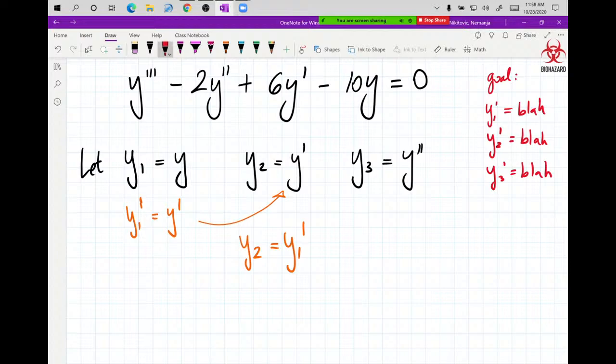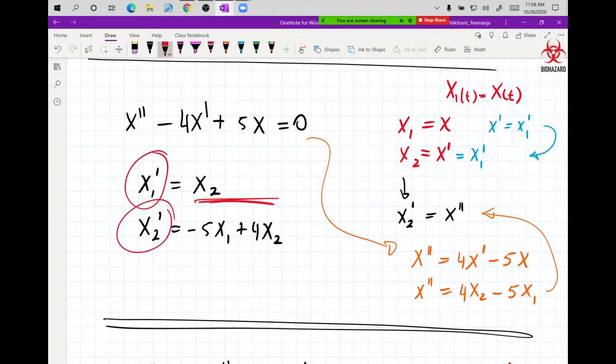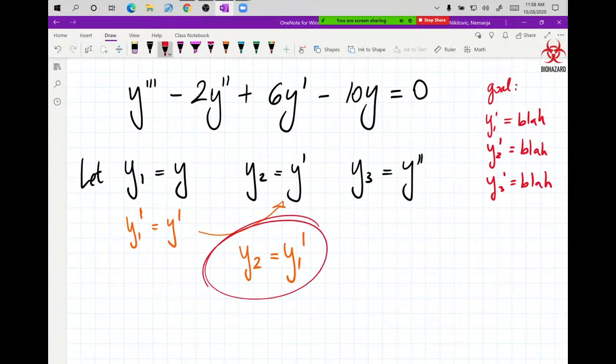Because we learned that the first order system is the first derivative for a variable equals whatever it has on the right hand side. Here it is. First derivative of the first variable equals blah, and the first derivative of the second variable equals blah, right on the other side. Blah meaning whatever it gets to go there. So that's our goal, right? And I already achieved that goal here because I have the first derivative equals y2, so I'm actually done with the first one already. But let's not get too excited. We have to keep pushing.